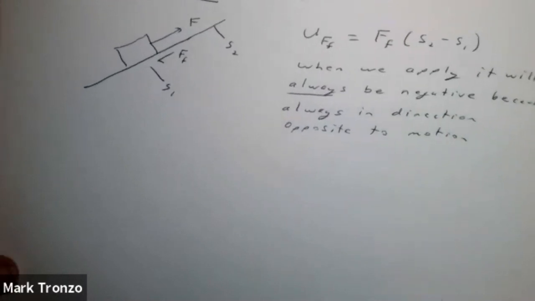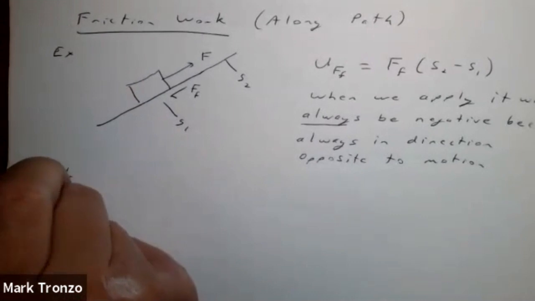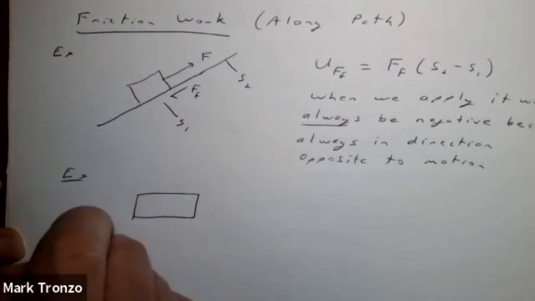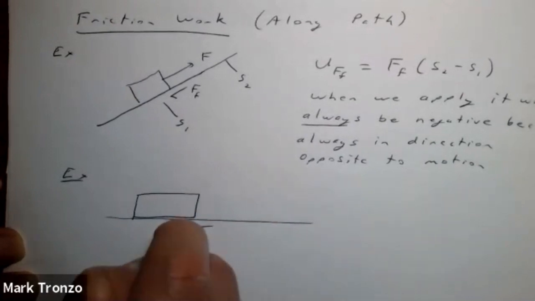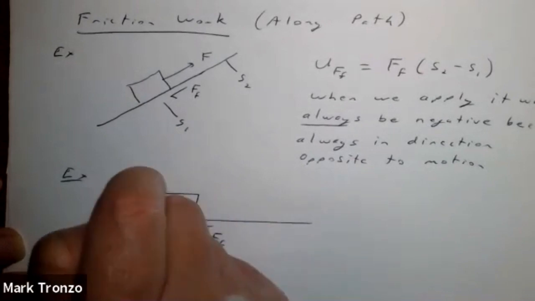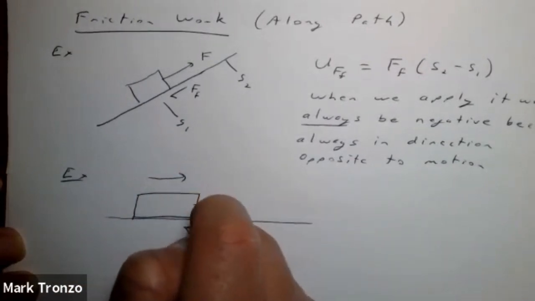And then finally, the same thing if you have another example, of course, along a horizontal. It's just the same thing. You have F of F here. Let's say you're going in this direction, you're being pulled somehow.